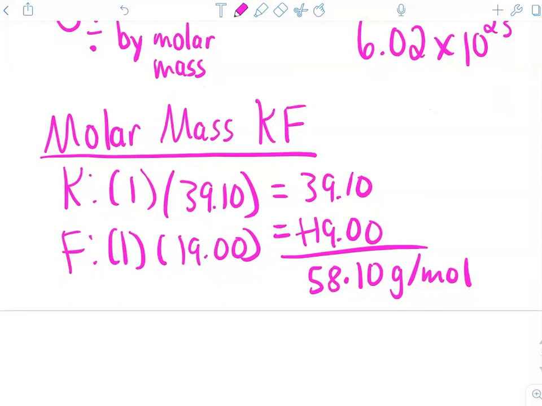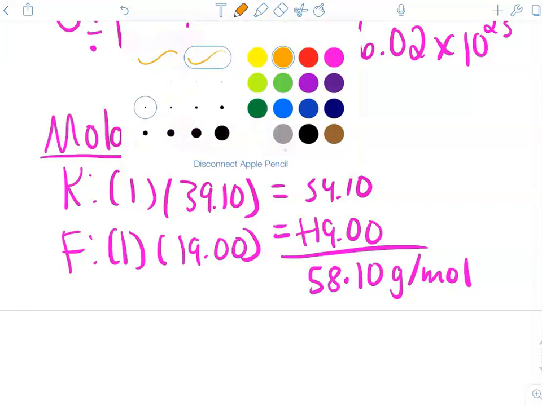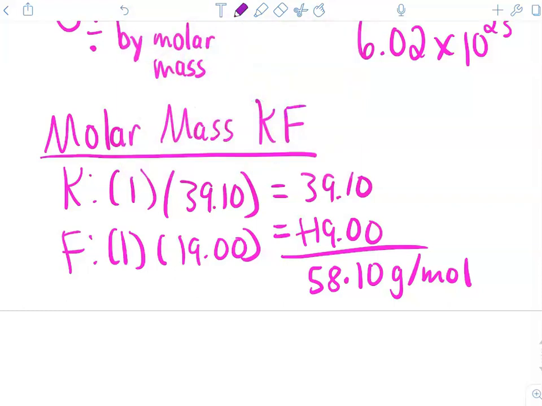And I want you to remember that this right here means 58.10 grams equals 1 mole. So we're saying that a mole of KF is going to weigh 58.10 grams.